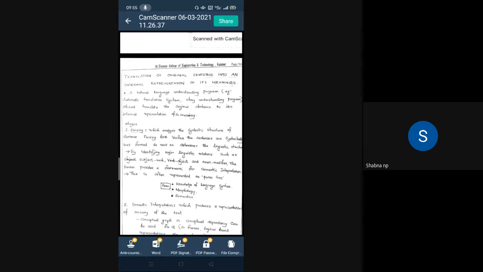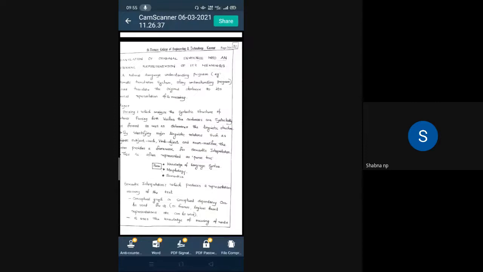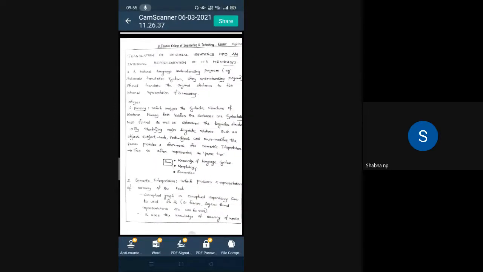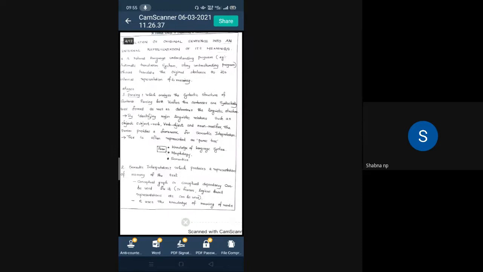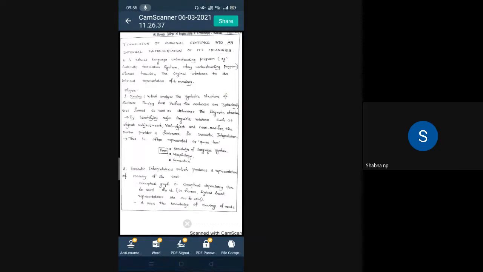Parsing both verifies that the sentence is syntactically well formed and determines the linguistic structure, by identifying major linguistic relations such as subject-verb, verb-object, and noun modifier. The parser provides a framework for semantic interpretation.